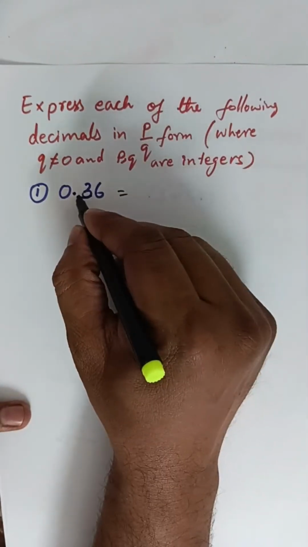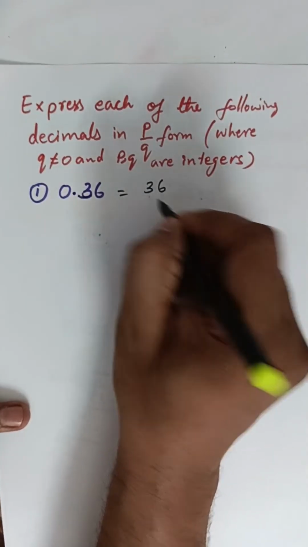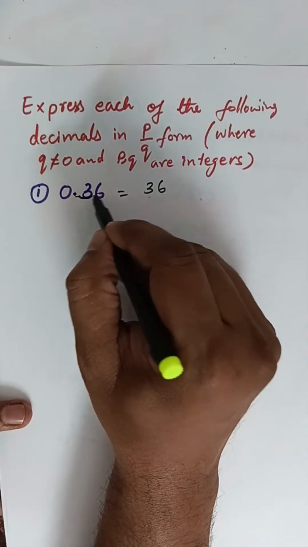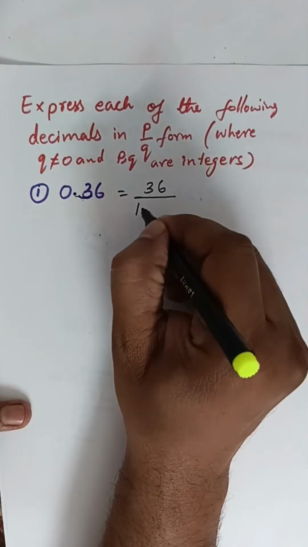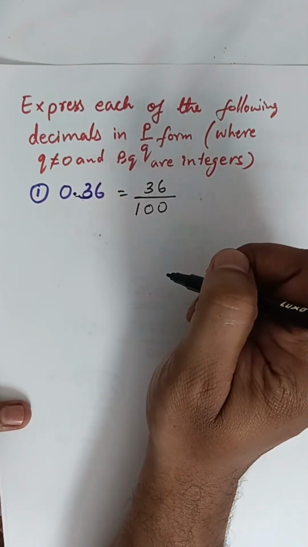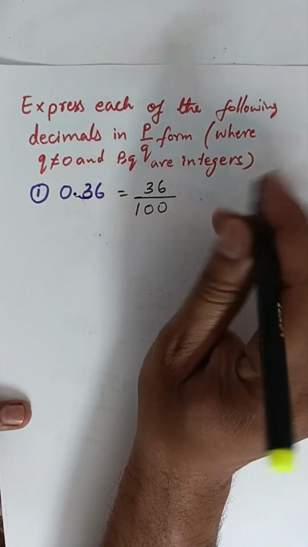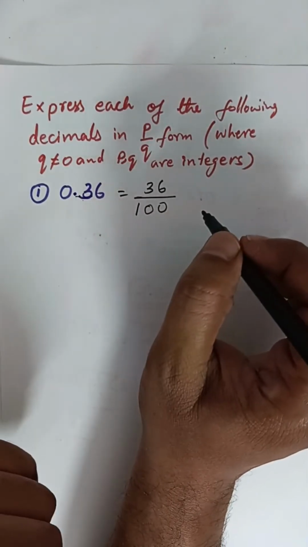Just write the number without the decimal, which is 36. After the decimal, how many digits are there? 1 and 2. So in the denominator write 1 with 2 zeros. We got a P by Q, but not in the simplest form. So simplify it, then you will get the answer.